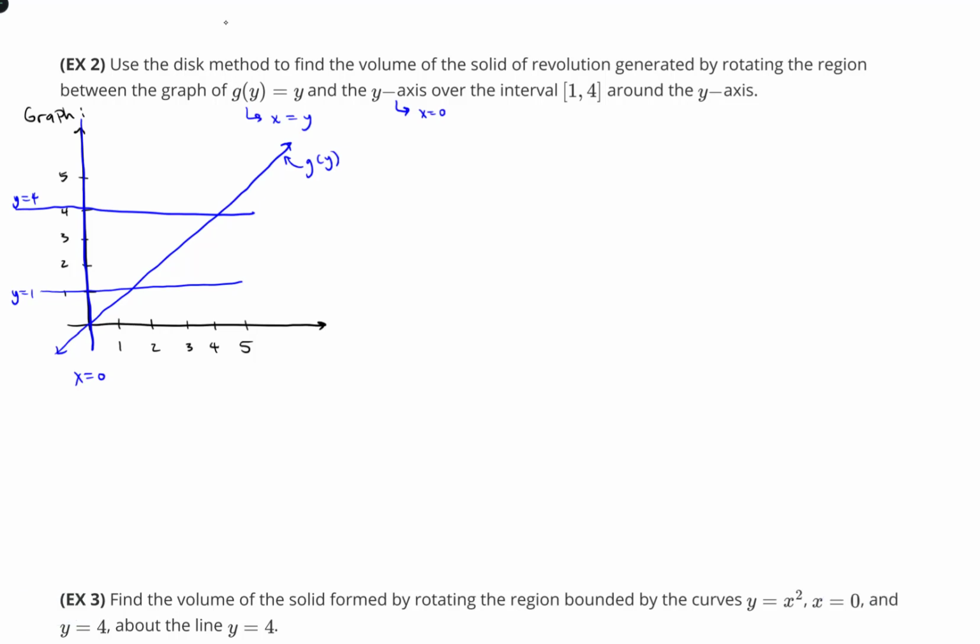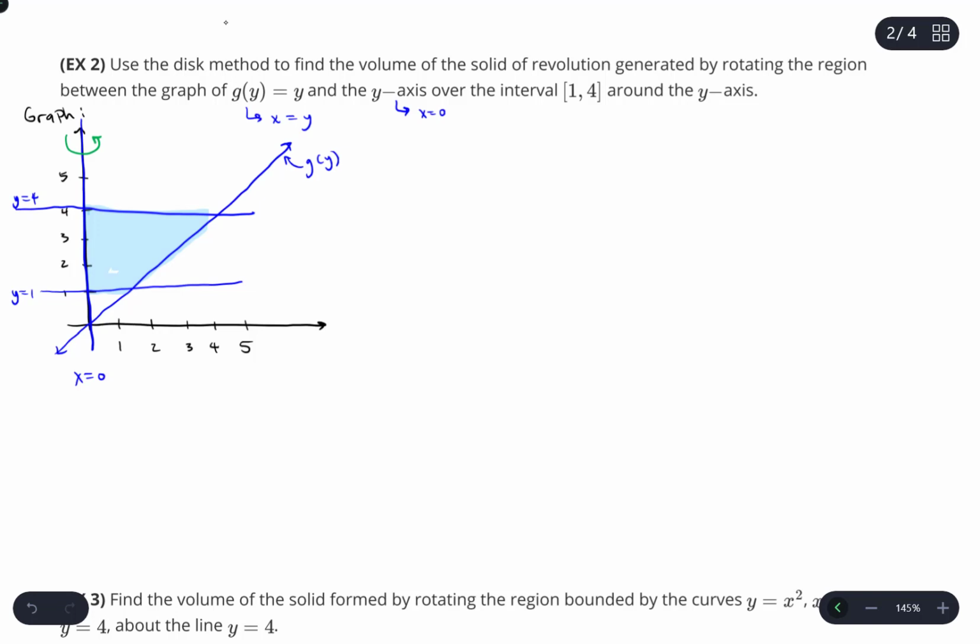The reason that I know this is an interval for y is because I'm using a function of y. So the domain is based off of the variable provided. So rotating around the y-axis this time, we have our region. It's the region trapped between all these parts.